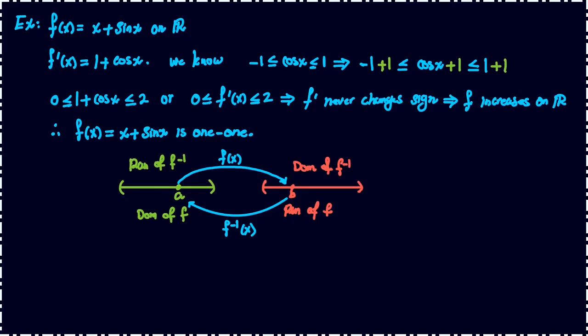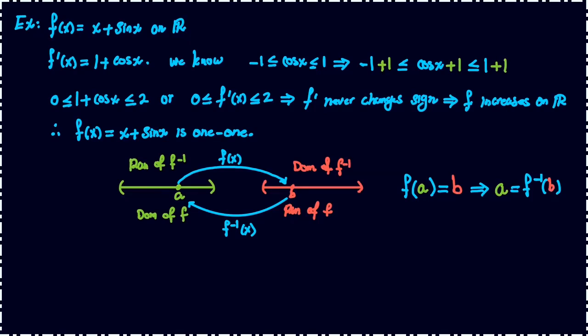The relation between a function and its inverse, as you can see from this picture, is that if f of a outputs b, then a is f inverse of b.